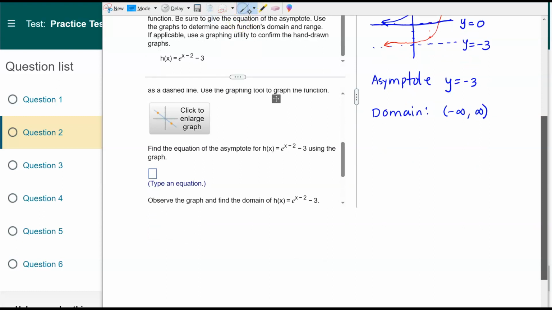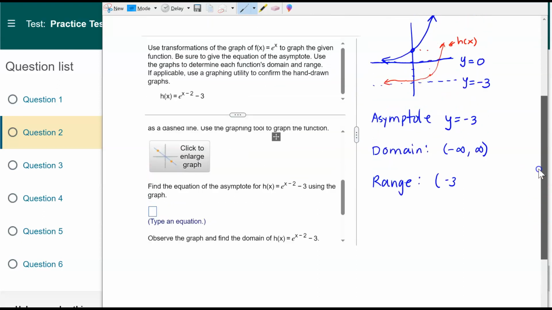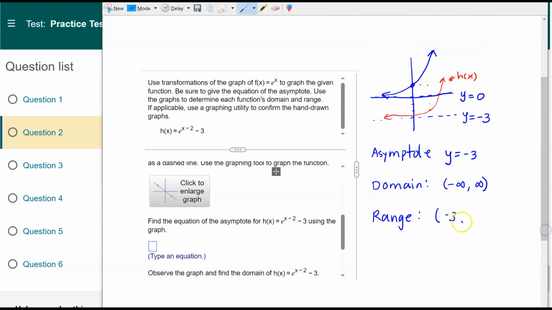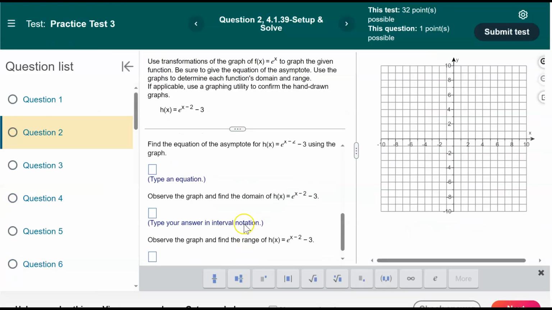So for the range, you start at -3, that's the asymptote, up to positive infinity. Now you don't use this bracket because that indicates -3 is included. -3 is not included, so it will be an open interval: -3 to positive infinity. So that's the range.